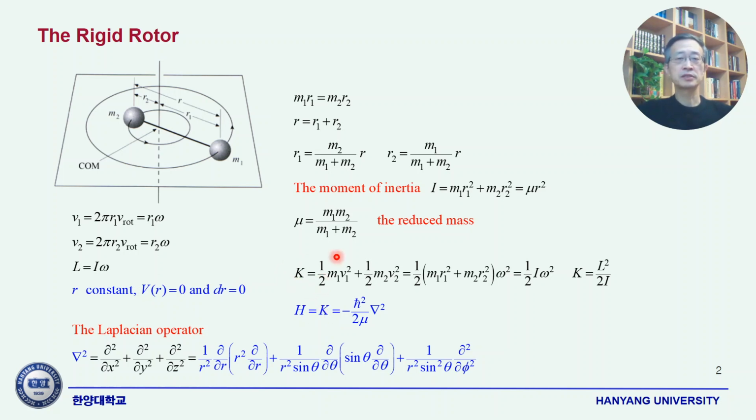So kinetic energy is 1/2 m1 v1 squared plus 1/2 m2 v2 squared, and V is given here. V1 is R1 omega, V2 is R2 omega. So m1 v1 squared is m1 R1 squared omega squared, and m2 v2 squared is m2 R2 squared omega squared. And m1 R1 squared plus m2 R2 squared is what?